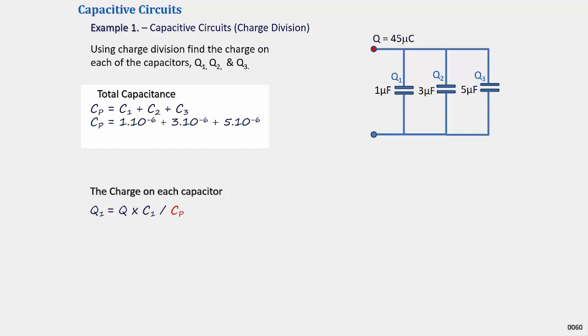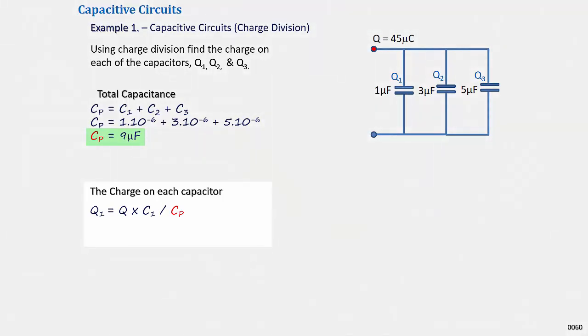Substituting the values, Cp equals 1 times 10 to the power minus 6 plus 3 times 10 to the power minus 6 plus 5 times 10 to the power minus 6, which equals 9 microfarads. Now we can continue to calculate the charge on each capacitor using charge division.